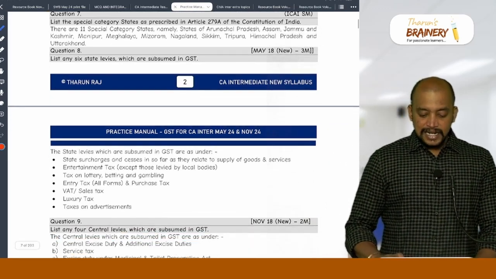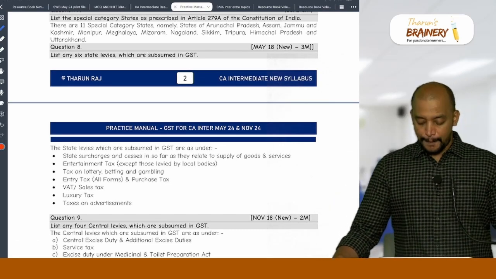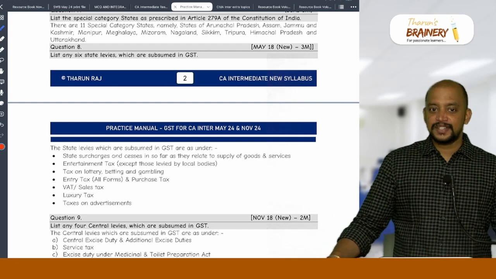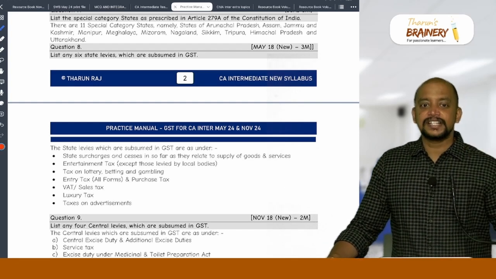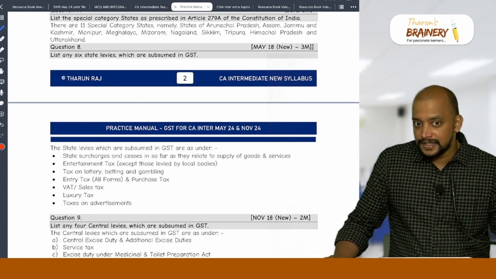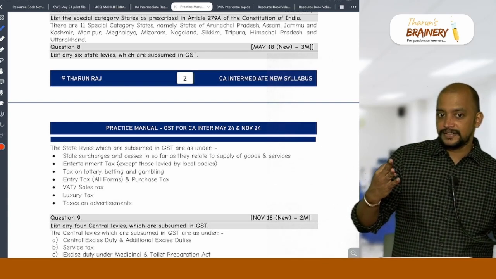Then next, list any 6 state levies which are subsumed in GST. You tell me. What we have is only 6. Not any 6, what we have is only 6. What are they? VAT, very good. Luxury tax, entertainment tax, 3 more.